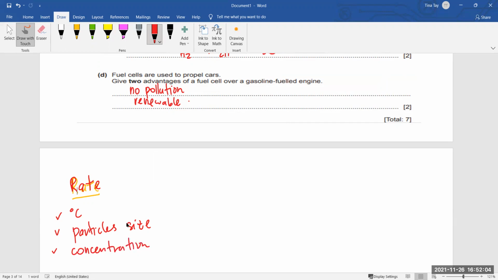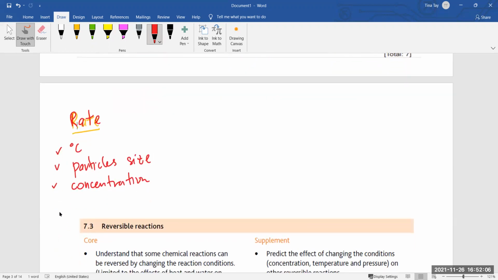Okay, and then what else? Temperature, particle size, concentration. Light intensity, yeah. Light intensity is the special one. It's only for photochemical reactions.